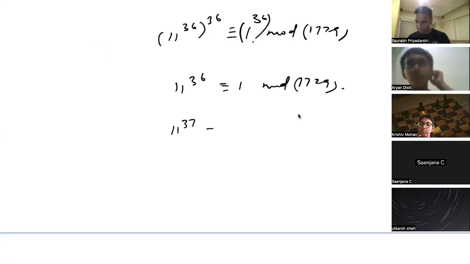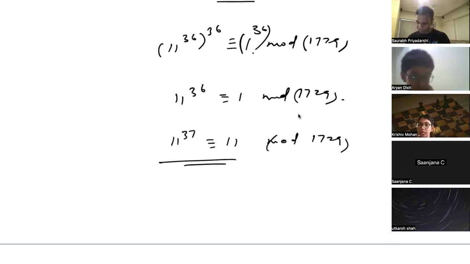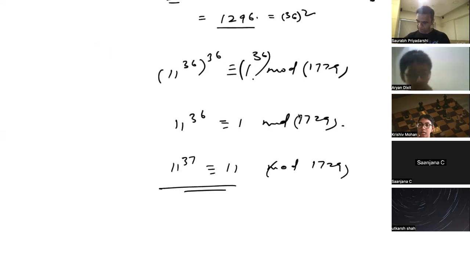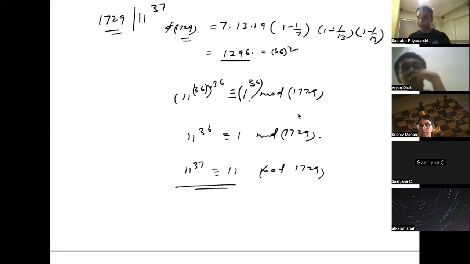So it would be 11 to the power 37 mod 1729. सर, उसमें स्क्वायर होगा ना ऊपर में? 36 का स्क्वायर. 36 square, right? This number, 36 into 36, I'm writing. Or you can use the Chinese remainder theorem.